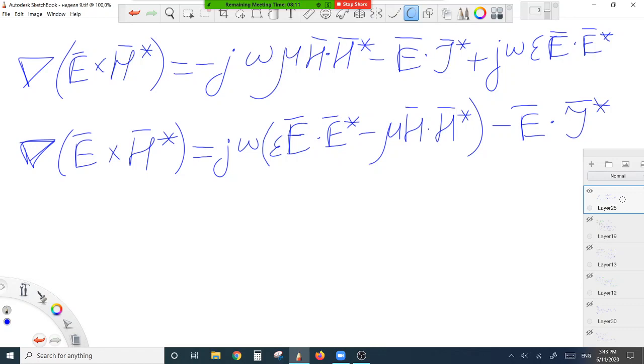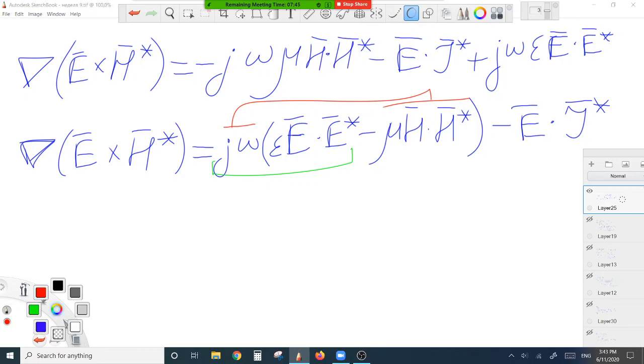The first two terms on the right hand side represent the electric and magnetic power densities respectively. This term represents the electric power density, and this term represents the magnetic power density.